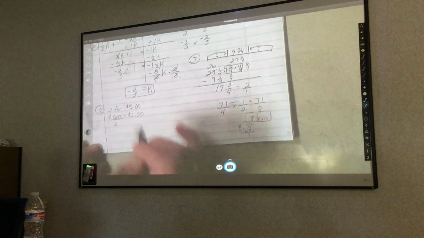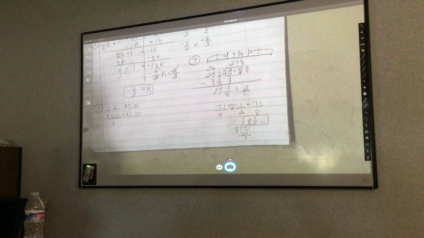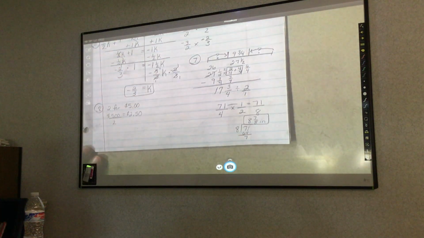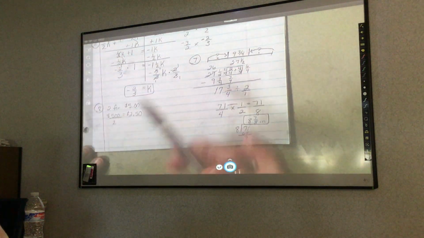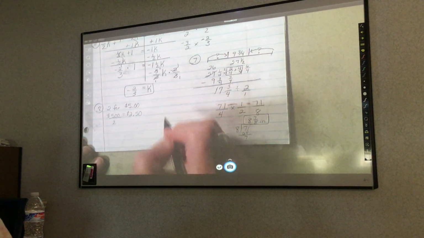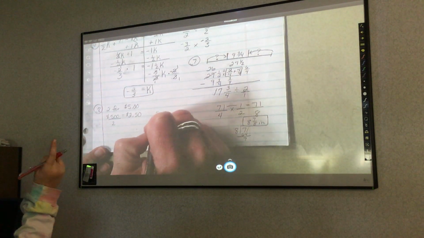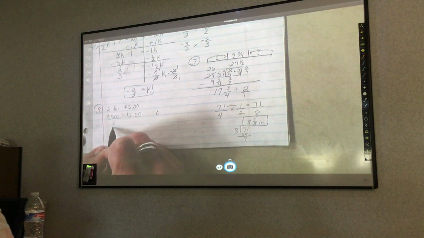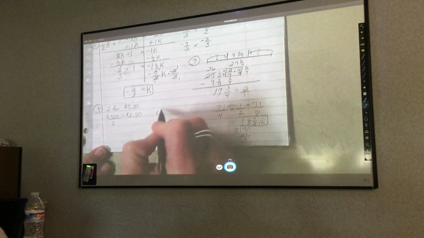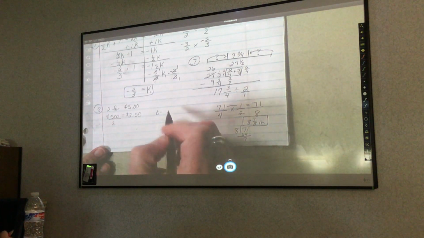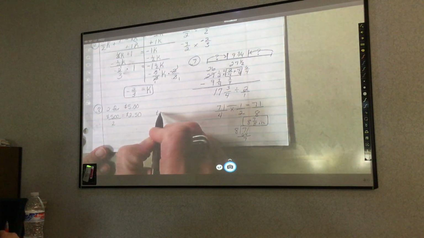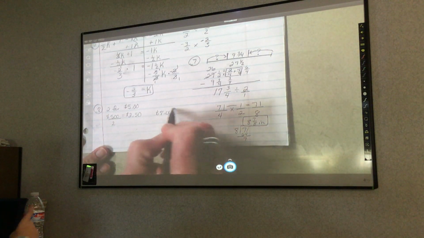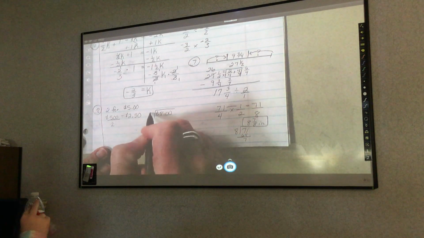Setting that up will help us set up number 8. So number 8 says, a store is selling cookies for $8 for 12 bags. So my $8, is that going to be on the top or the bottom? Top. You always put your dollars on the top. So I'm going to say $8 divided by the 12.